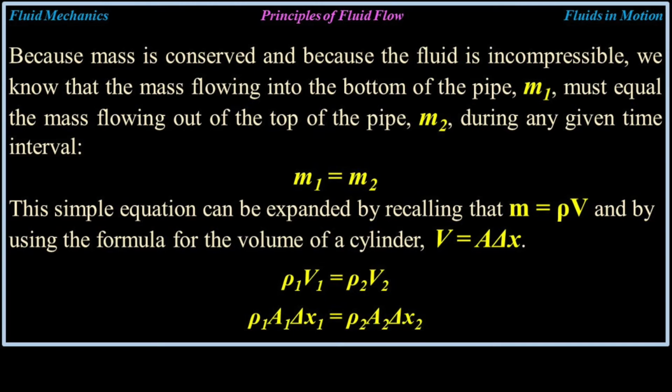This simple equation can be expanded by recalling that M equals rho V and by using the formula for the volume of a cylinder, V equals A delta X. So you have rho 1 V1 equals rho 2 V2. Rho 1 A1 delta X1 equals rho 2 A2 delta X2.